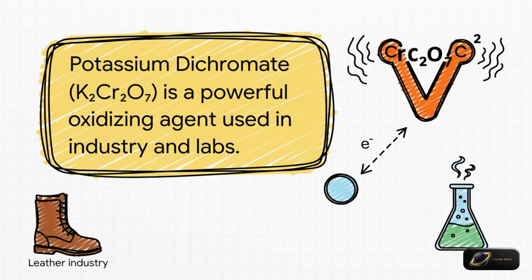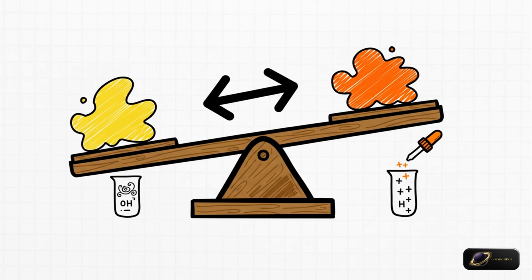And it's not just about speeding things up. These elements are also used as powerful players in reactions. Let's look at a really important compound, potassium dichromate. This stuff is a potent oxidizing agent, meaning it's really good at snatching electrons from other chemicals. You'll find it used in all sorts of industries. And this is where it gets really neat.